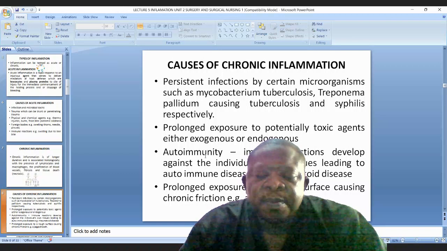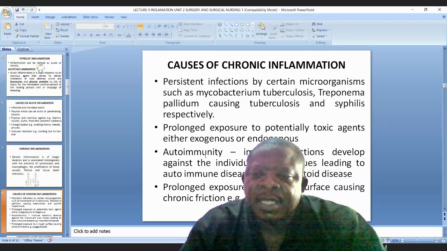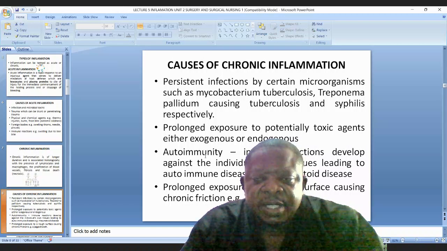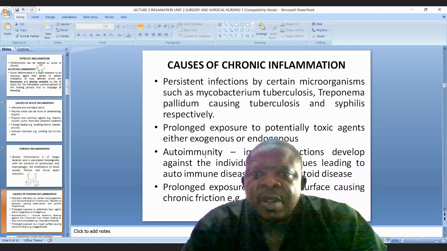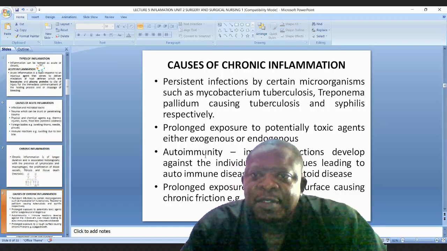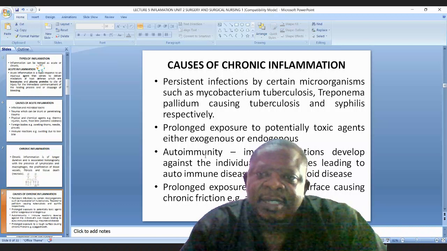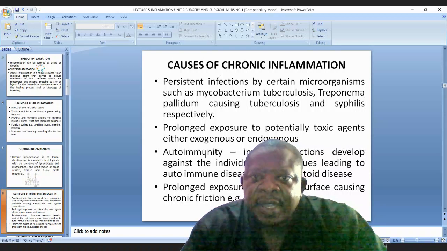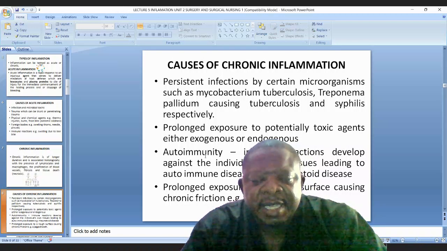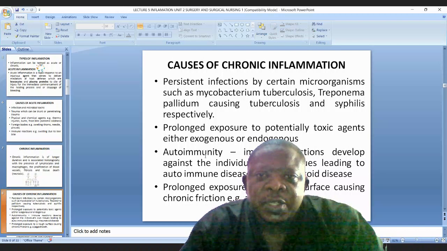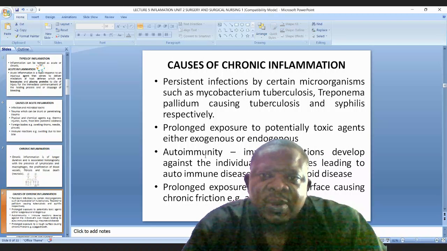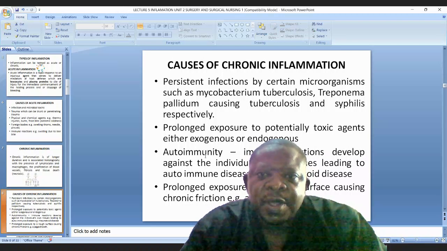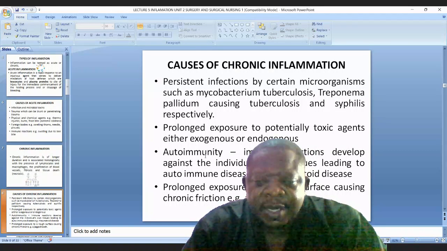Treponema pallidum, respectively, may cause syphilis. With time, one may end up having complication of meningitis because of the effect of these bacteria. Prolonged exposure to potentially toxic agents, either exogenous or endogenous, may also bring about chronic inflammation.